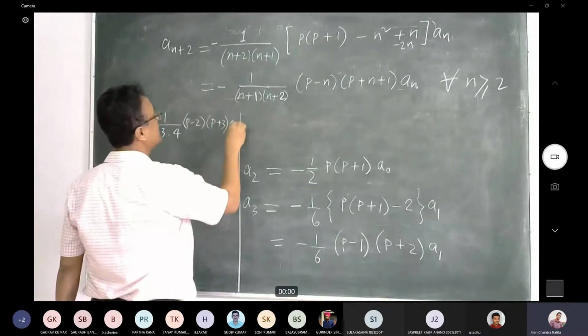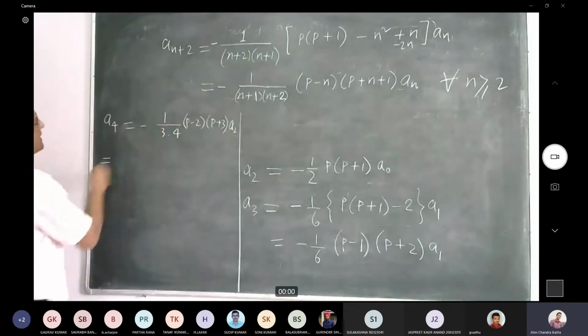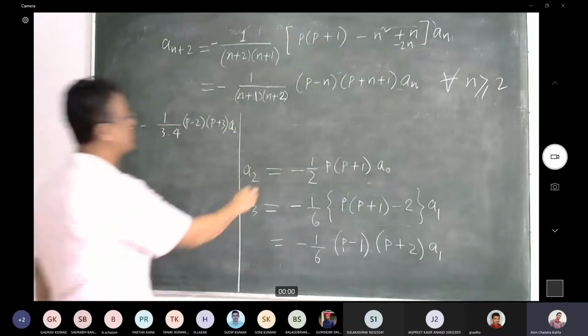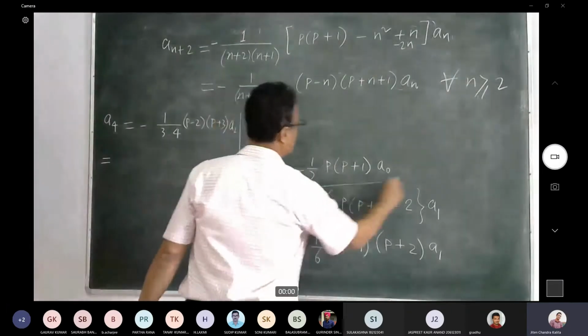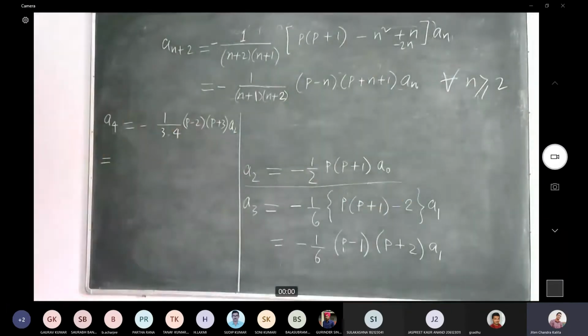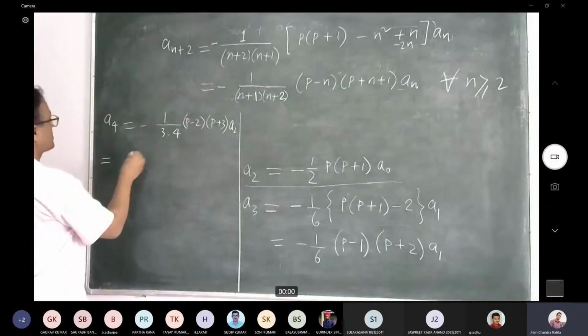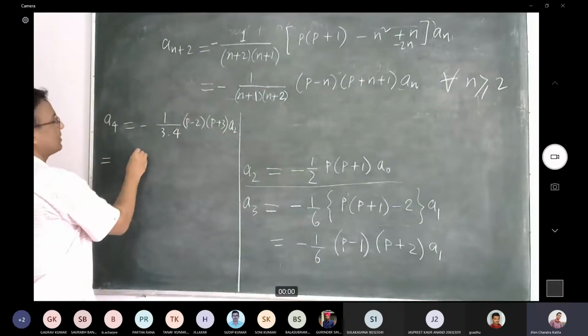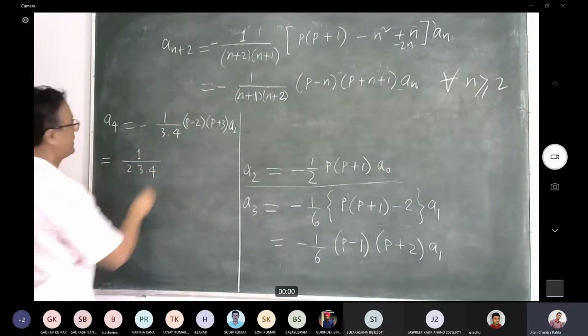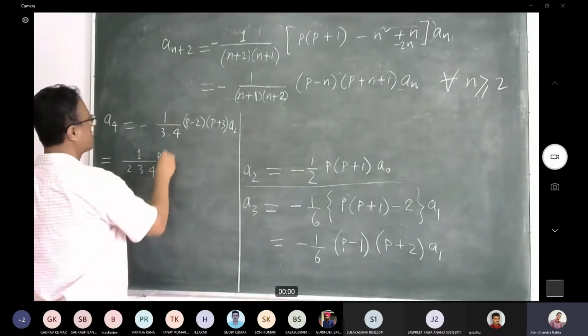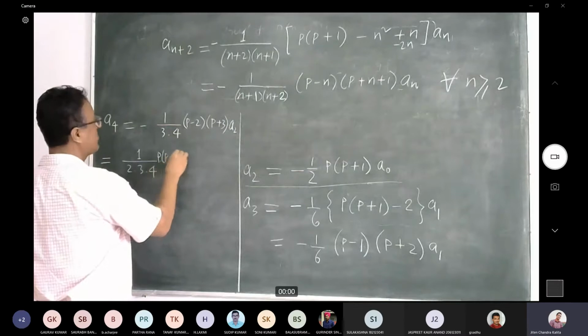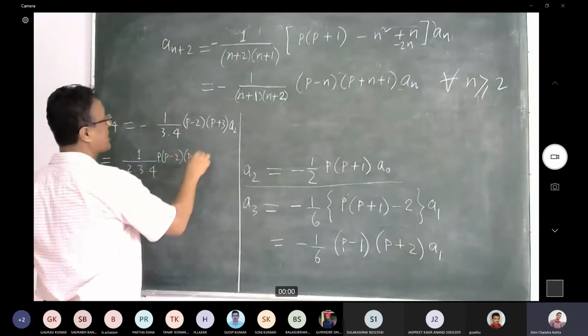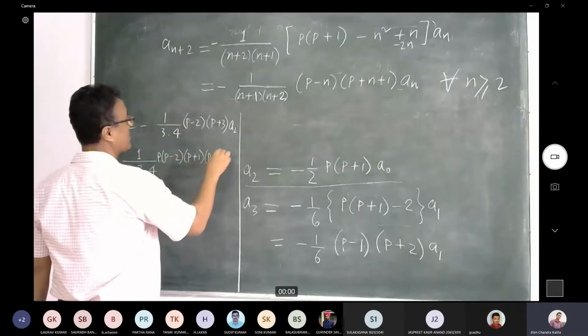And this is a2, right? And again, if you substitute the expression for a2 here, this is going to be plus. So I am going to get 2 into 3 into 4, then p into p minus 2, p plus 1, p plus 3.